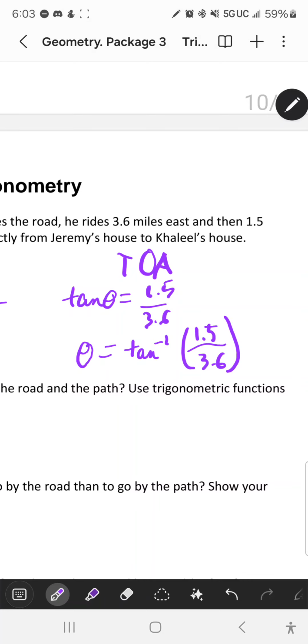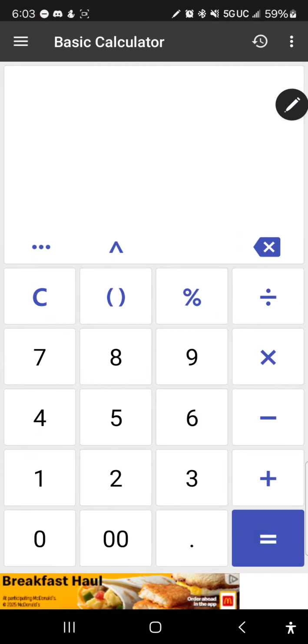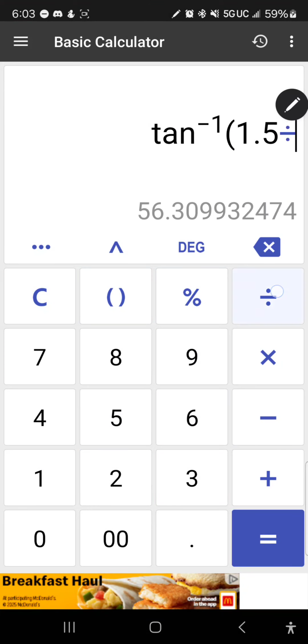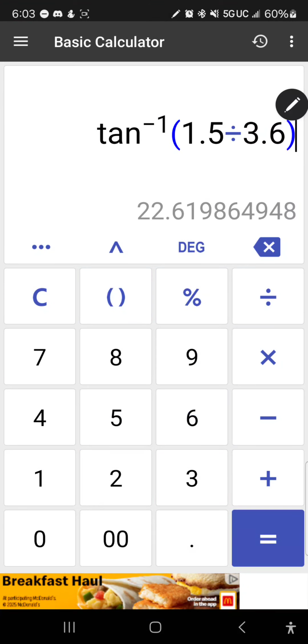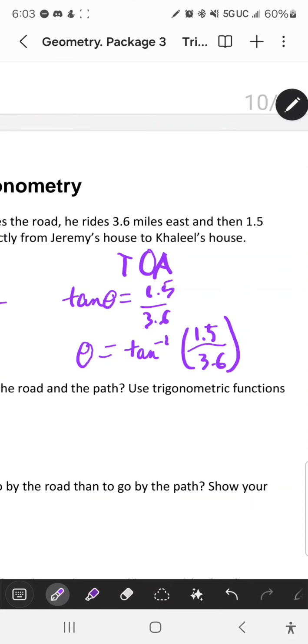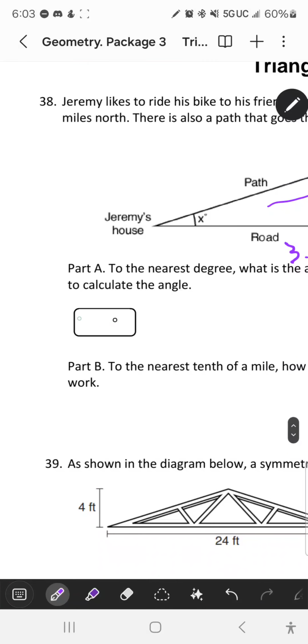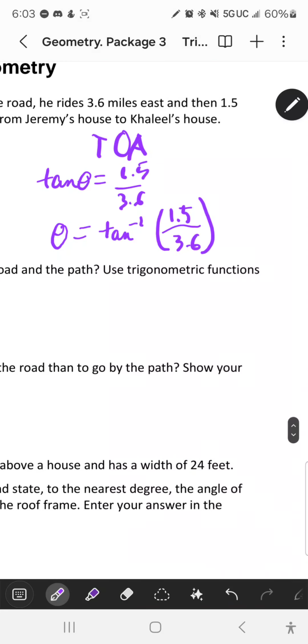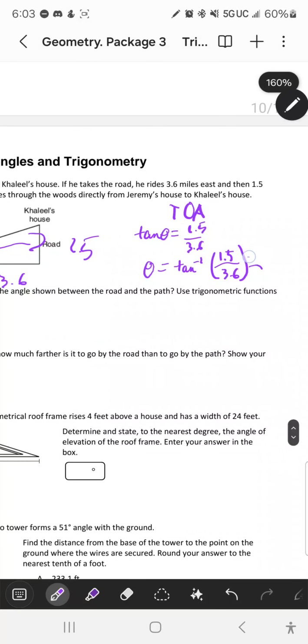This is only when we're looking for the angle. So I go to my calculator and put tangent -1, 1.5 over 3.6, and I get an angle of about 22.62 degrees. So my angle is approximately 22.62 degrees.